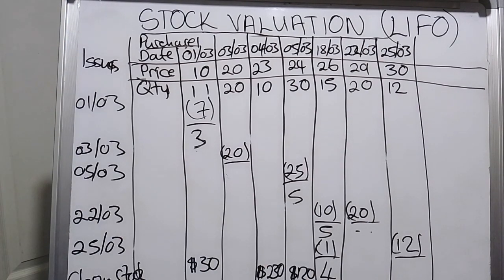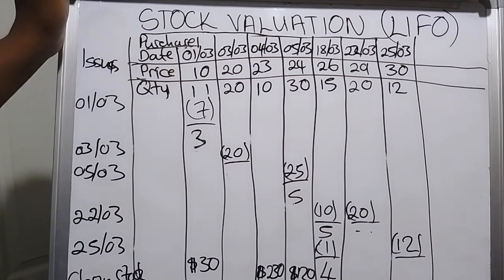So our closing stock, now we have to sum up all these, the values of this remaining stock, which means we are going to add this 64 and this 120 and this 230 and this 30 to obtain our closing stock value, and this will give us 444.